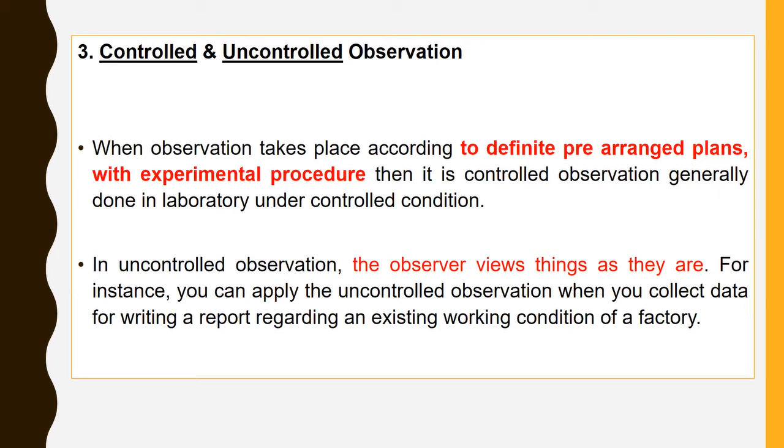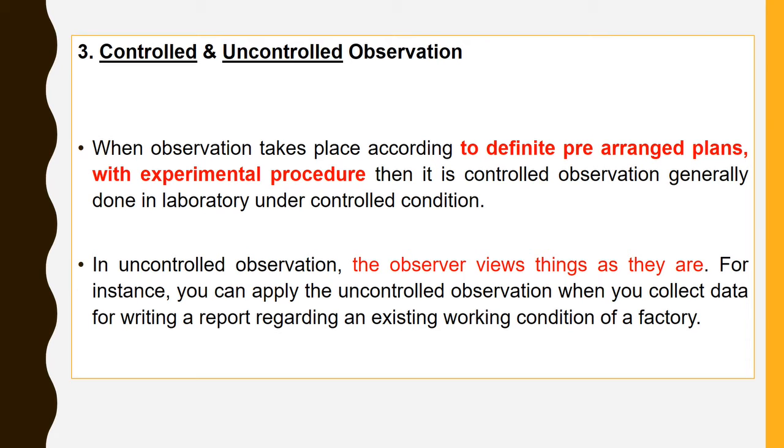And the uncontrolled case is basically applied when you collect data for writing a report. If you are going to write a report, we take references and work on the literature from different studies. That type of study is called uncontrolled observation. We take all the references and literature from others working in different fields, different areas, and different locations.